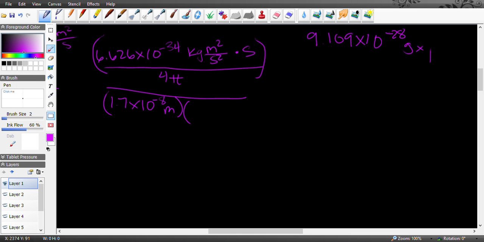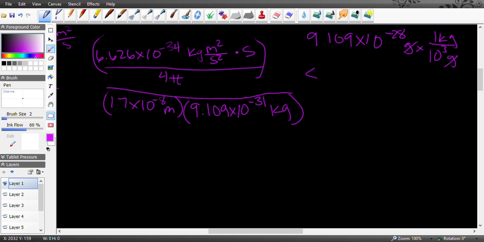There are 10 to the 3 grams in 1 kilogram. So if you do the math there, you get 9.109 times 10 to the negative 31 kilograms, right? Grams cancels, you're left with kilograms.